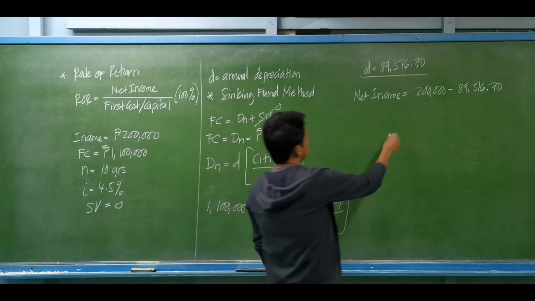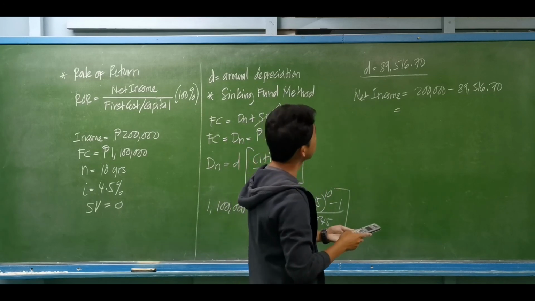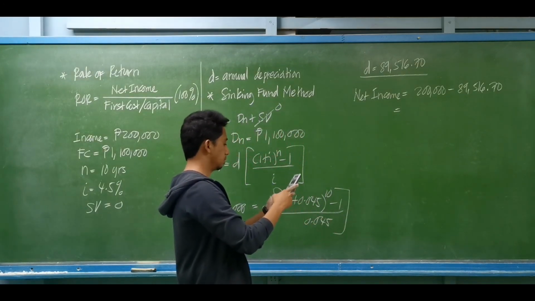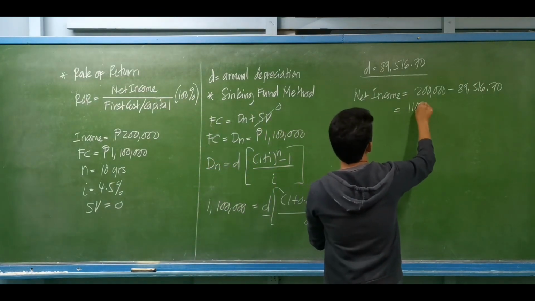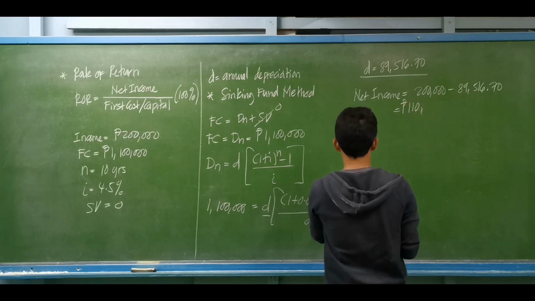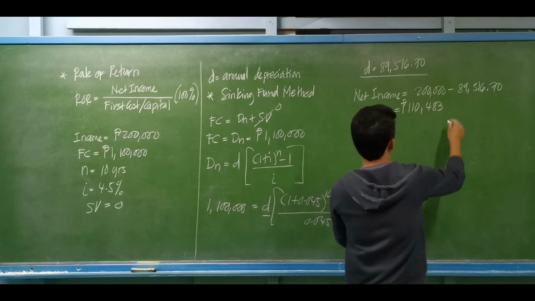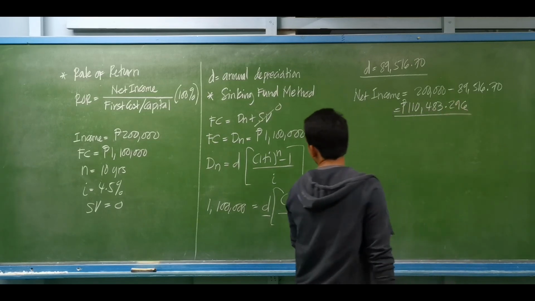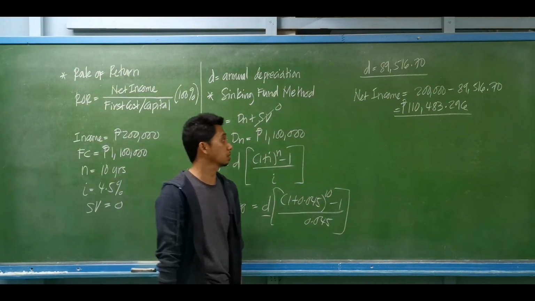So the net income is equal to 110,483.296. Your gross income less your annual depreciation cost.